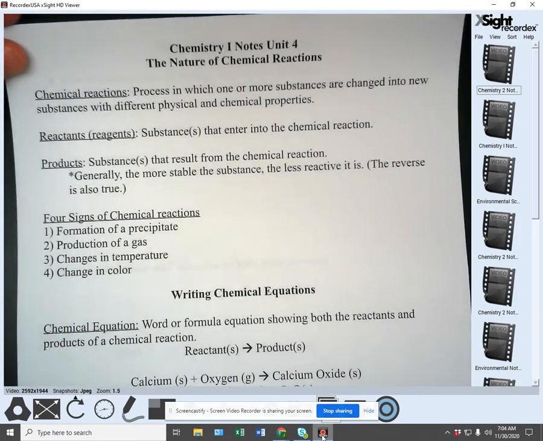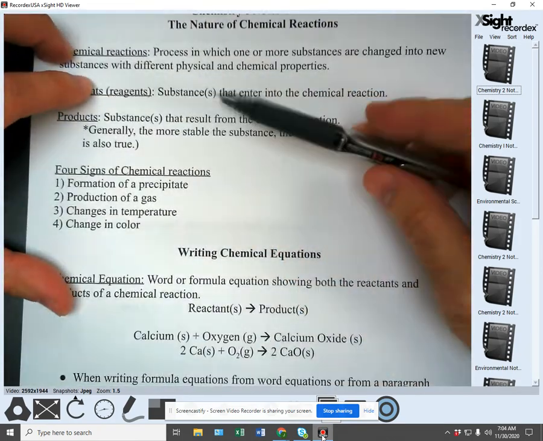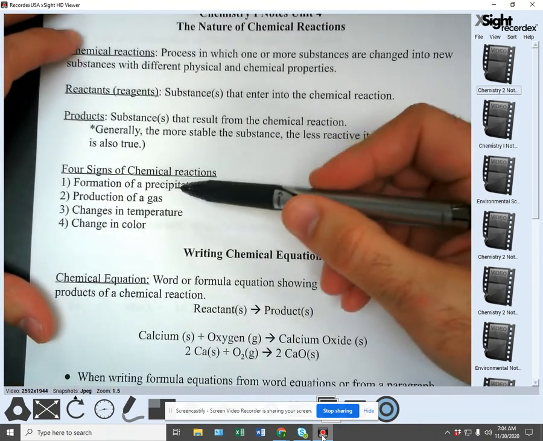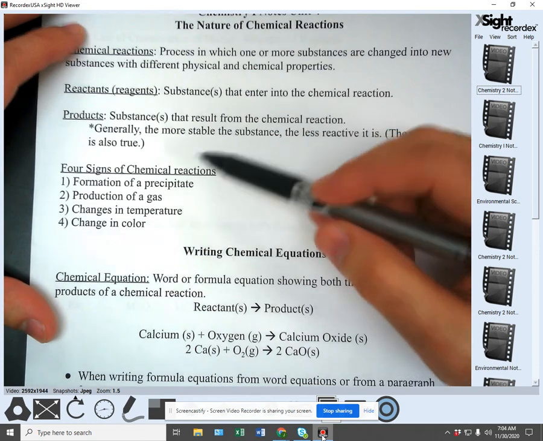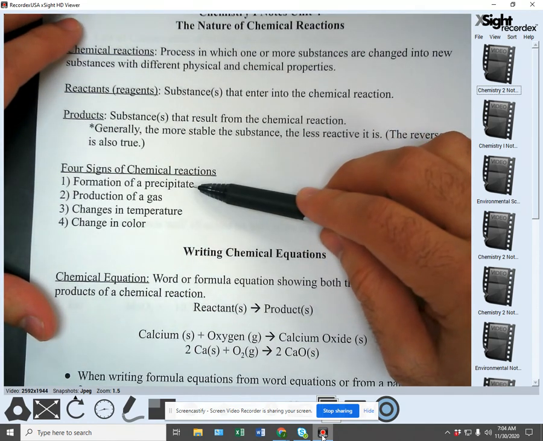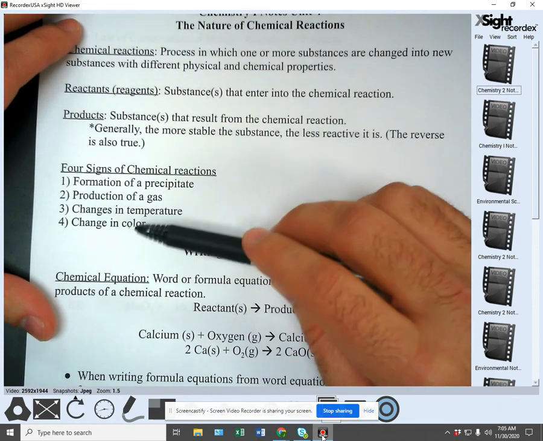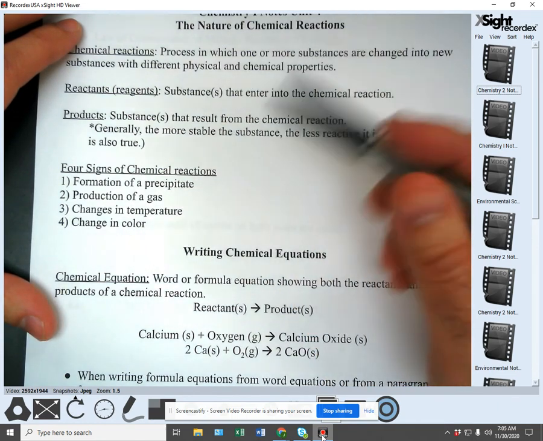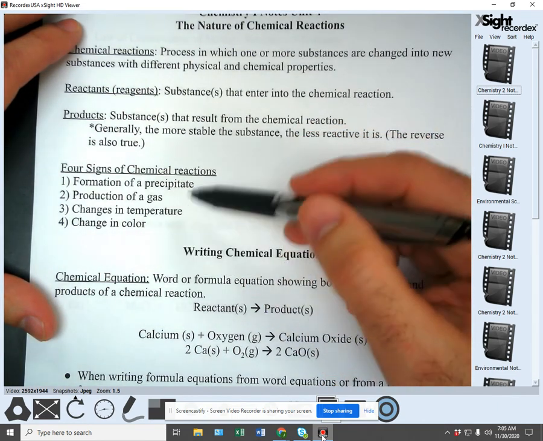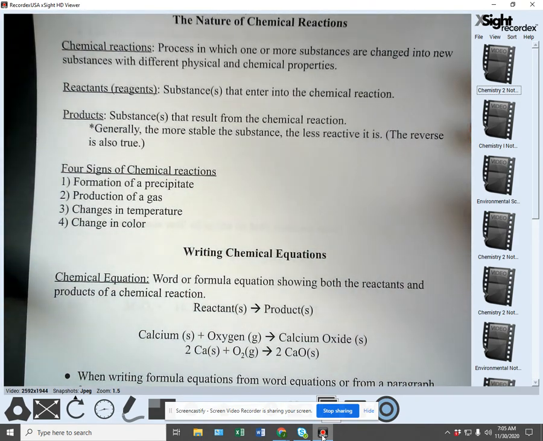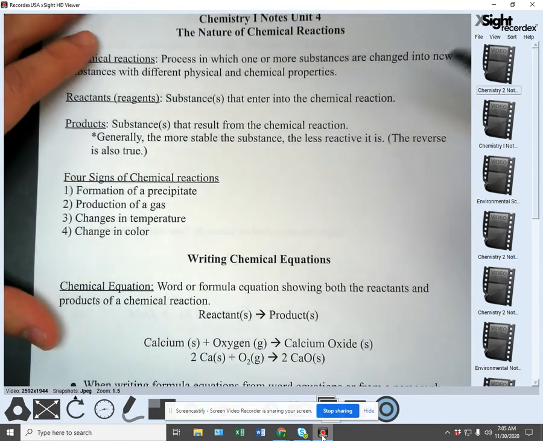The 4 signs of a chemical reaction we've already talked about in previous units. They're just here as a reminder, so I won't explain them: formation of a precipitate, production of a gas, changes in temperature, and changes in color. Keep in mind that with these signs, we're talking about things that occur when you put two substances together, not when you manipulate the variable.